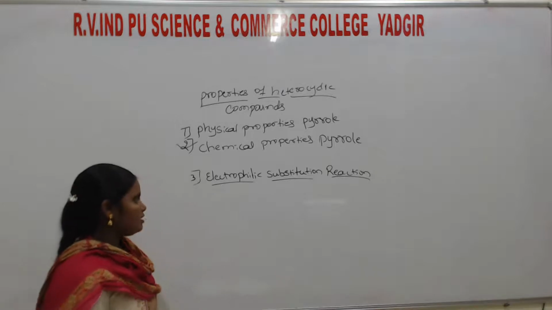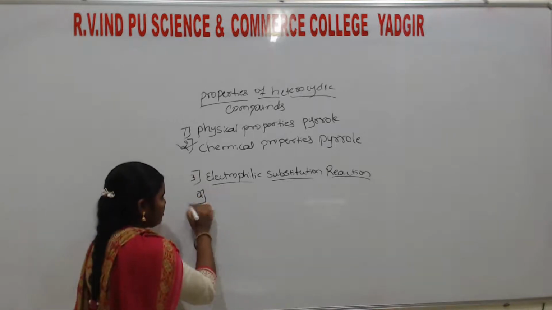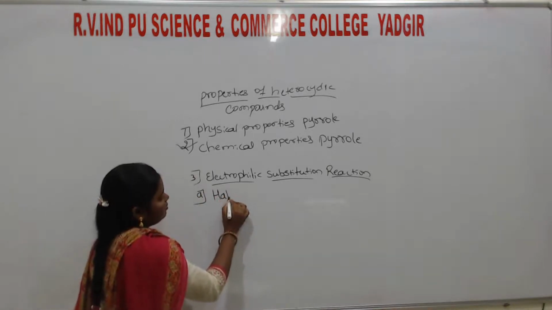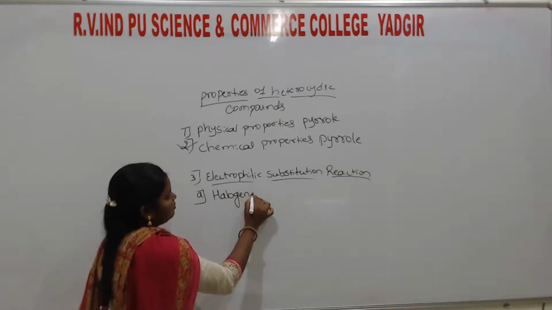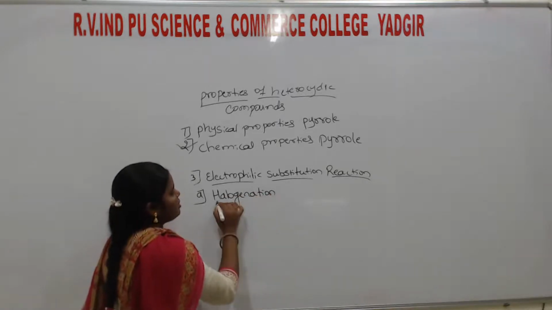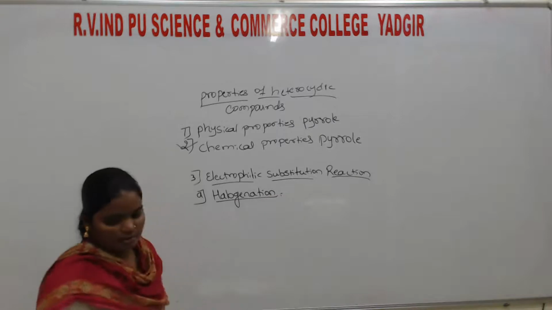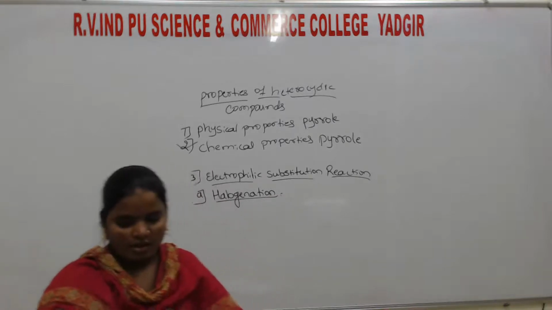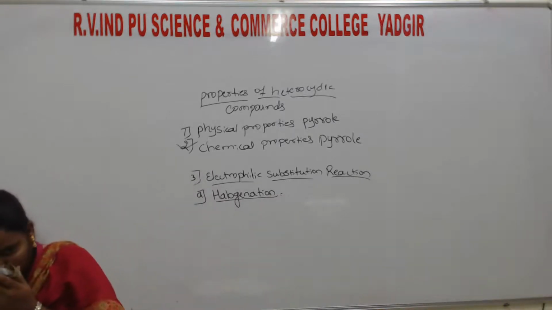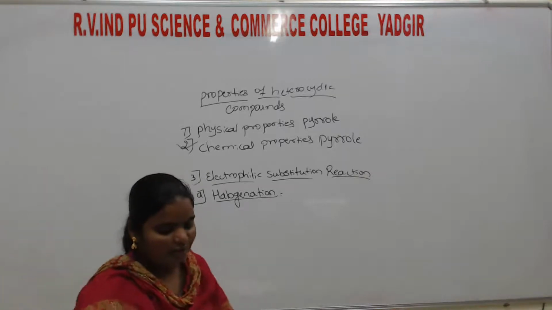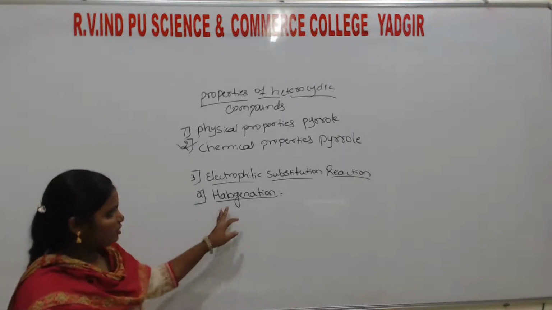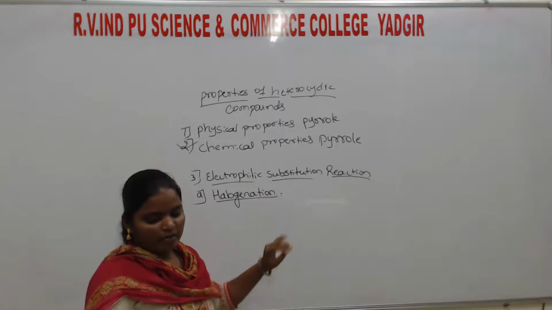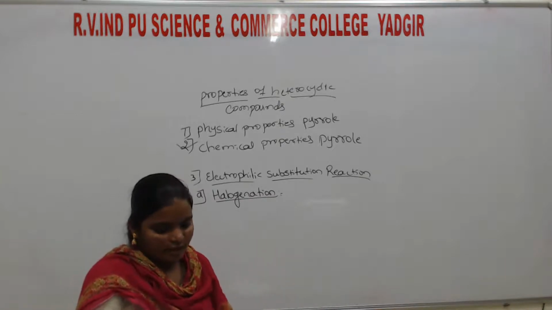Here the first one is A, halogenation. This is the first reaction. Halogenation is used with pyrrole.